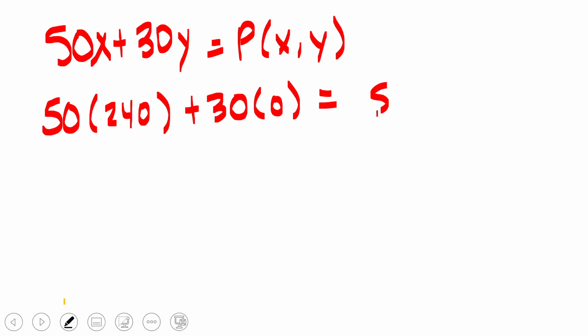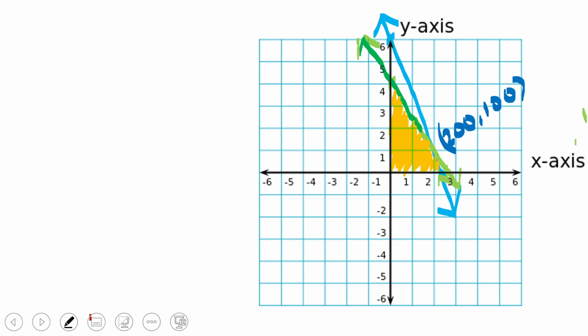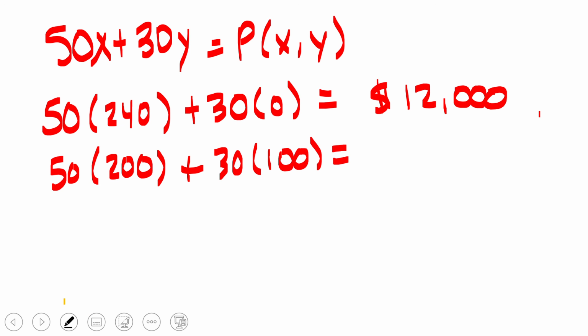That spits out about a 12,000. If we plug in 50 times 200 plus 30 times 100 from our intersection point that we found through elimination, that spits out a 13,000.